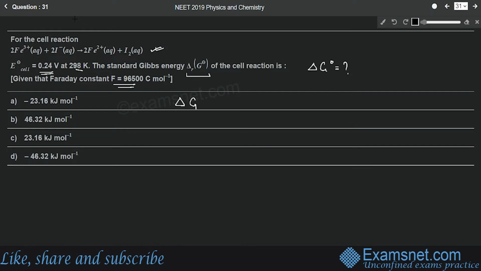We know that delta G naught of the cell is given as minus NF into E naught cell, where N is the number of electrons transferred, F is the Faraday constant and E naught cell is the standard potential of the cell. Now if you look at the reaction, you can see that the number of electrons transferred is 2.